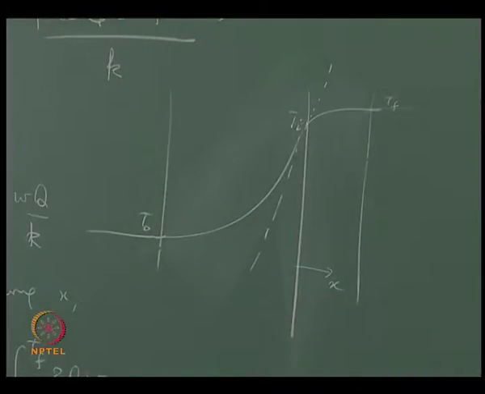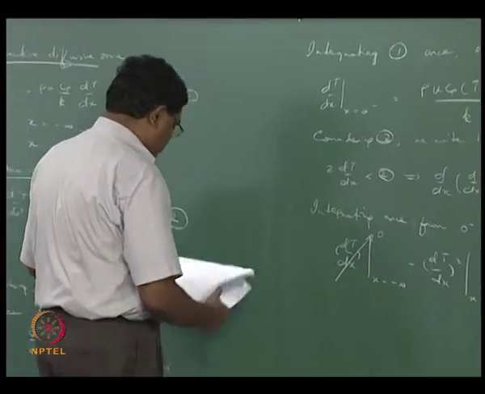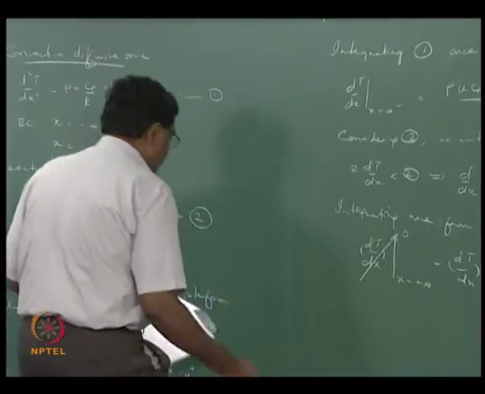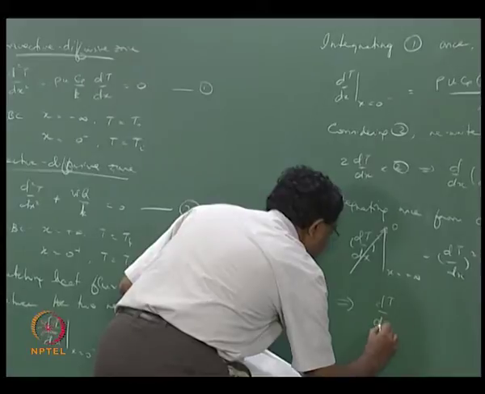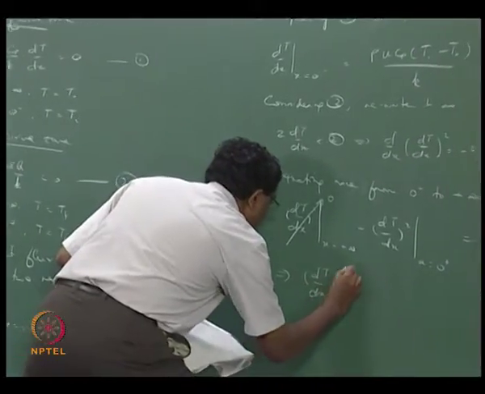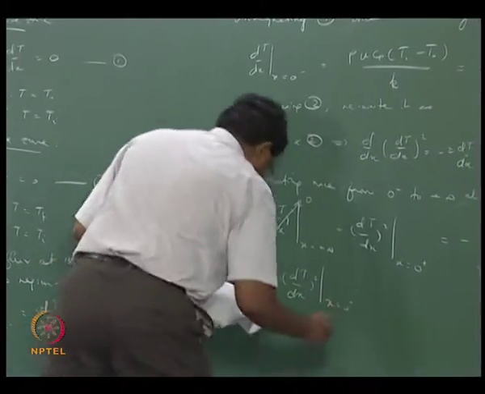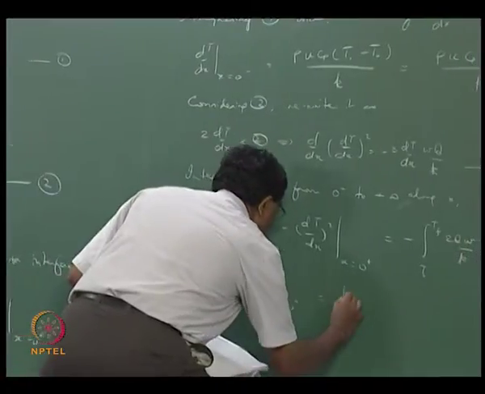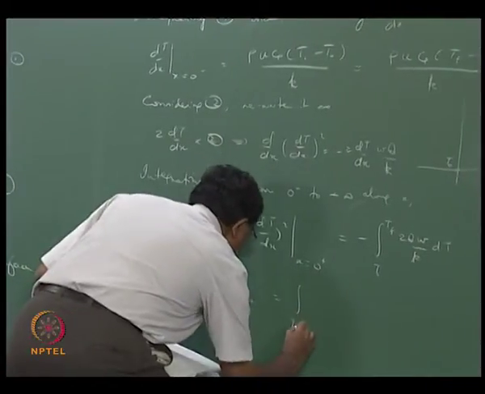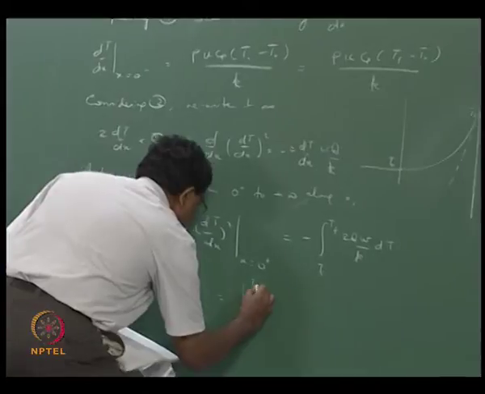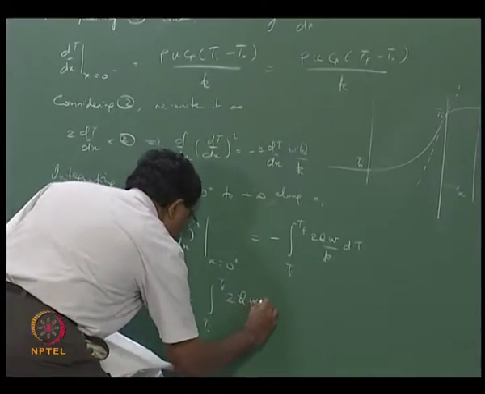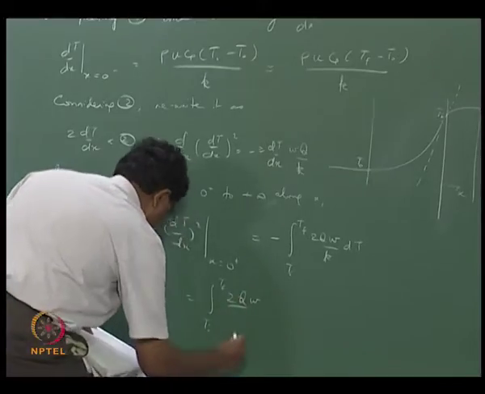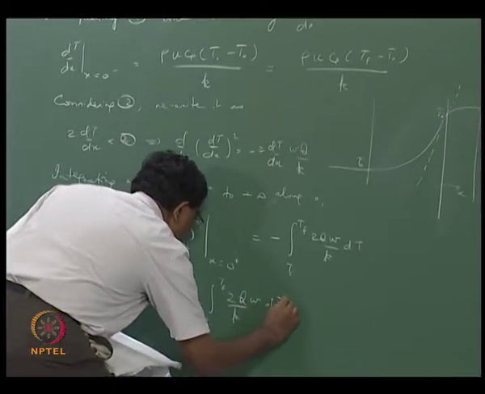So that's exactly what we are talking about when we say that this is actually going to 0 there. So which means we now say (dT/dx) the whole squared at x equals 0 plus is equal to the integral from Ti to Tf of 2Q w divided by K dT.